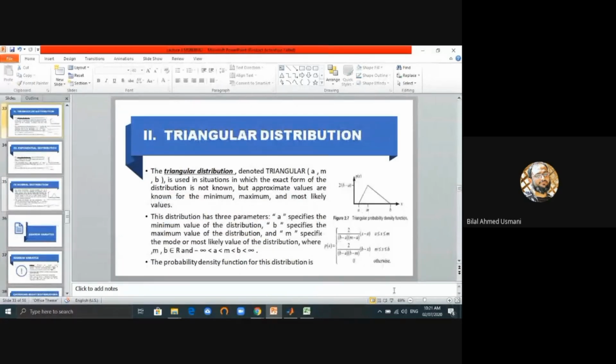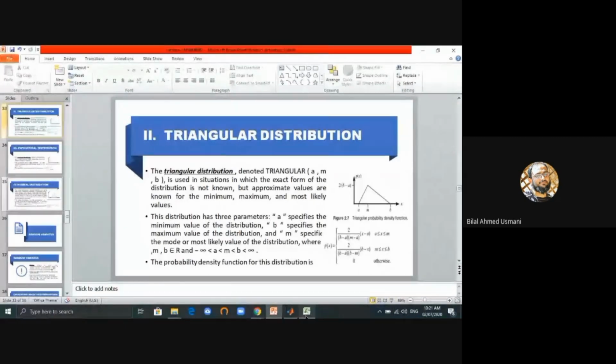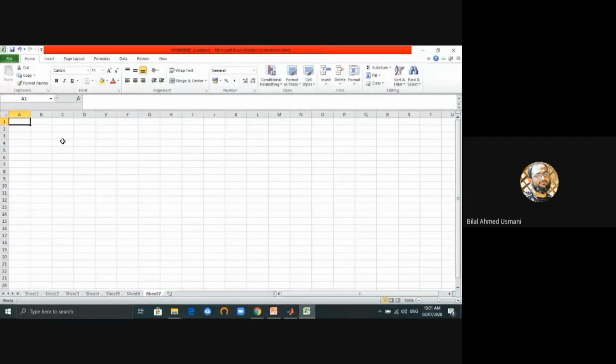We are looking at triangular distribution. Let's assume a triangular distribution is drawn between 50 and 60. So A is 50, B is 60, and M, the most likely value, is 53.